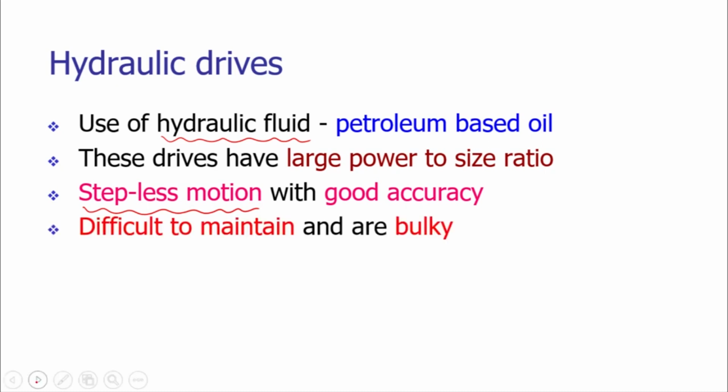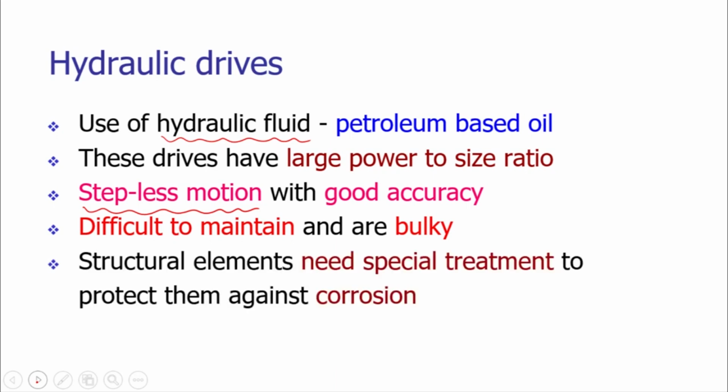But the limitation of hydraulic drive is that the system is bulky. Since it involves the fluid, there may be chances of having leakage of the fluid. There may be chances of having corrosion of various elements of the hydraulic drive.